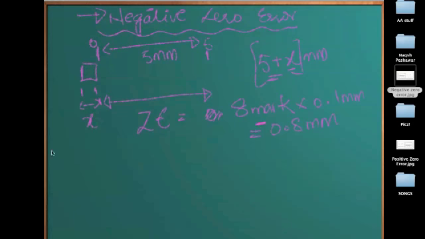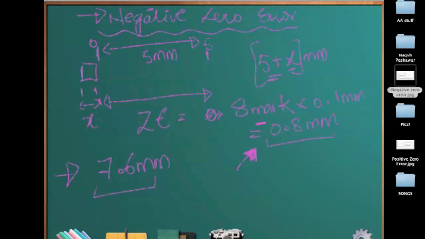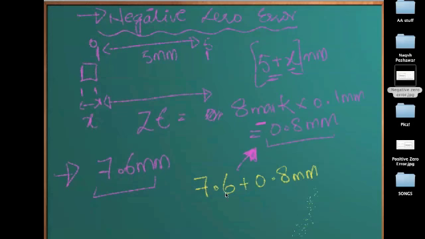So it had to cover that extra 0.8 millimeters first, and then reach the reading. For example, if I'm getting a reading of 7.6 millimeters and I have a negative zero error that I have checked initially, this means that it first covered the 0.8 millimeters distance and then covered 7.6 millimeters. So to get the final reading, I will add the two up, because this is actually the distance that it has covered.